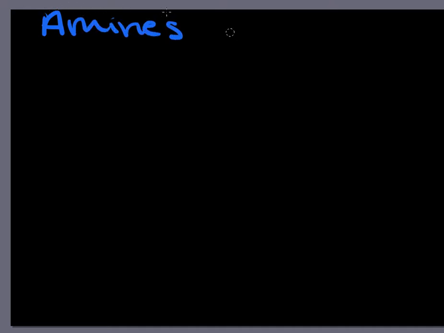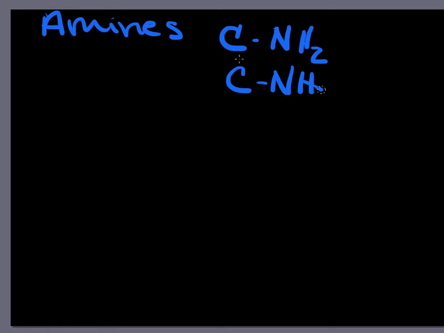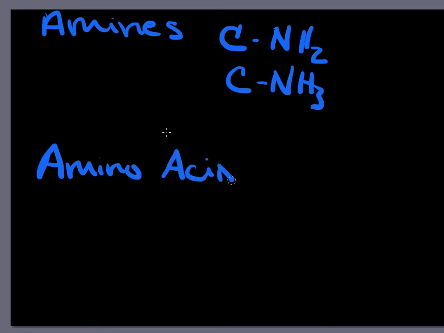They can be a carbon with an NH2, but sometimes you'll see them be a carbon with an NH3. And they're going to play an important role when they are combined with another functional group in something called an amino acid.